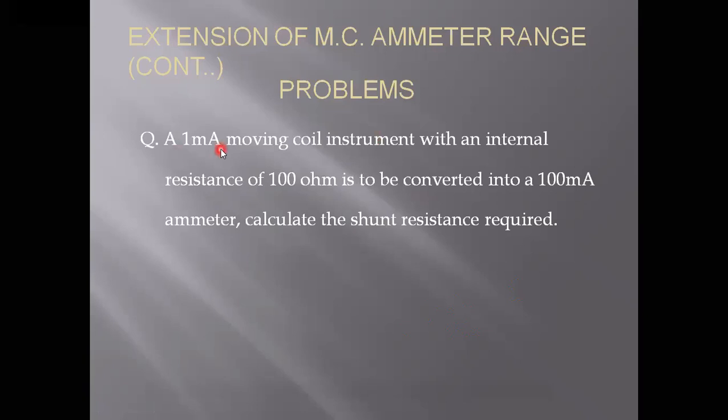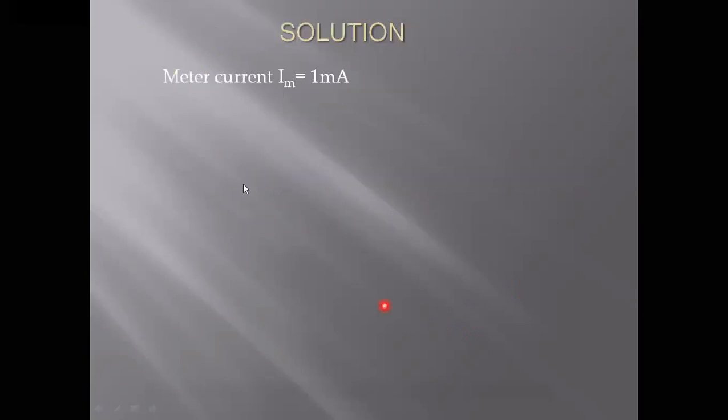A 1 milliampere moving coil instrument with an internal resistance of 100 ohms is to be converted into a 100 milliampere meter. Calculate the shunt resistance required. So the meter current should be 1 milliampere.